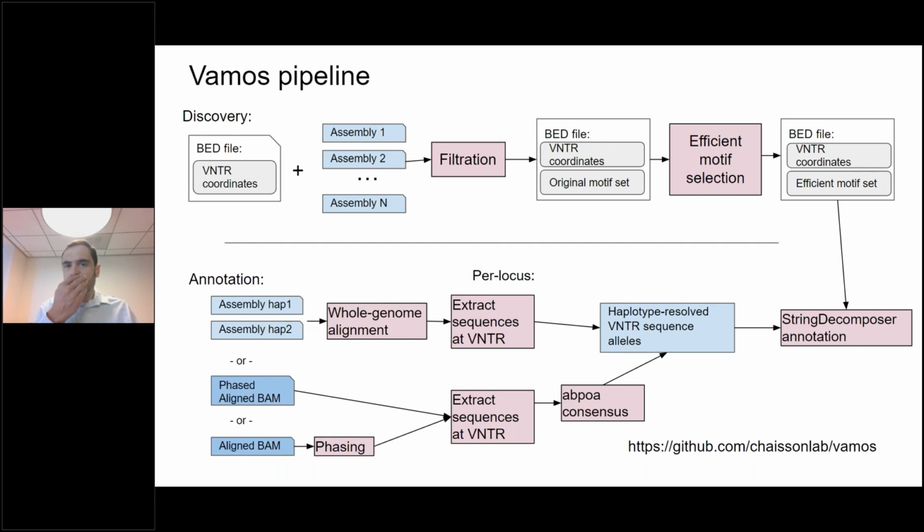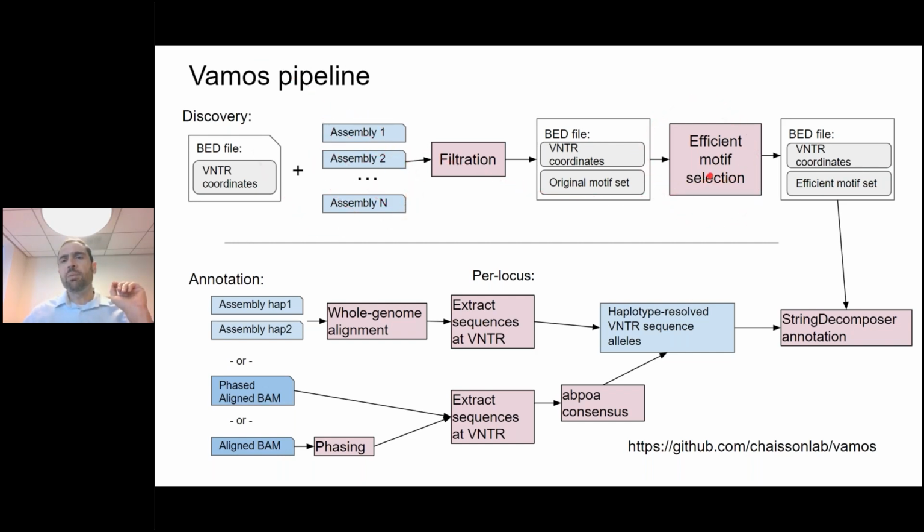We filter out conflicting tandem repeat annotations, as well as, say, cyclical rotations of different motifs. And what we're left with is what we call an original motif set. While these motifs have gone under some filtration, they represent what we can use to find effectively exact representations of tandem repeat sequences in this discovery set of genomes.